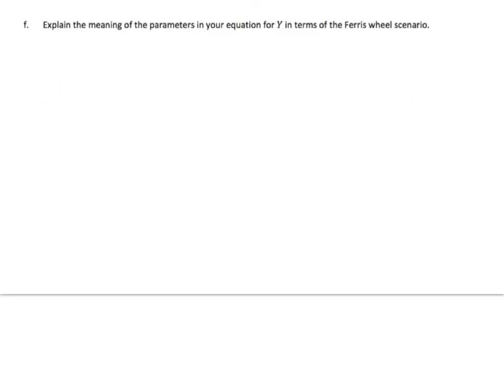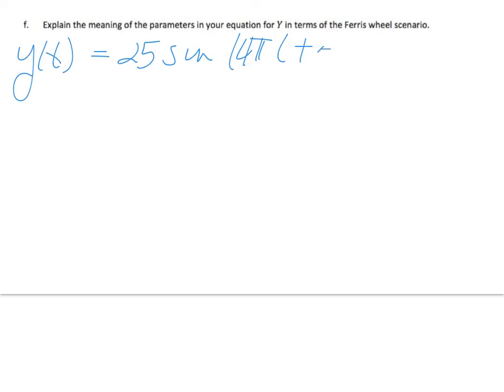Explain the meanings of the parameters in your equation y in terms of the Ferris wheel scenario. So I have y of t equals 25 sine of 4 pi t minus 1/8, plus 40. Okay, a lot of these are going to be similar.